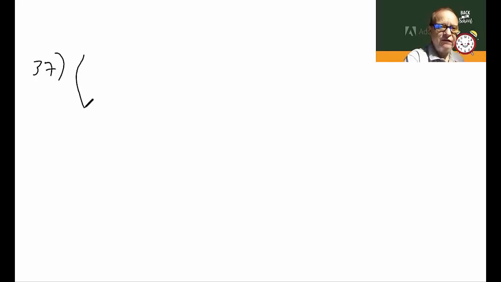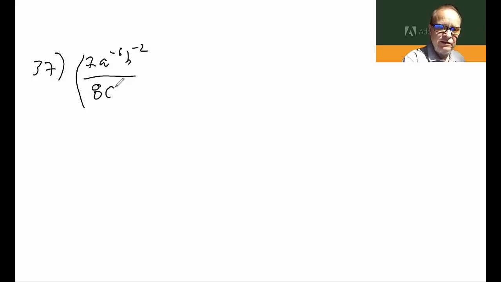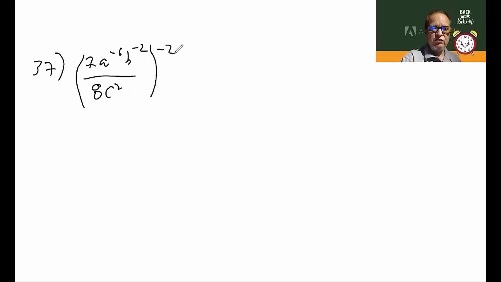I can have 7a to the negative 6, b to the negative 2, all over 8c squared, and then the whole thing to the negative 2. So what I'll do is I'll just change the position inside the quotient and make this positive.